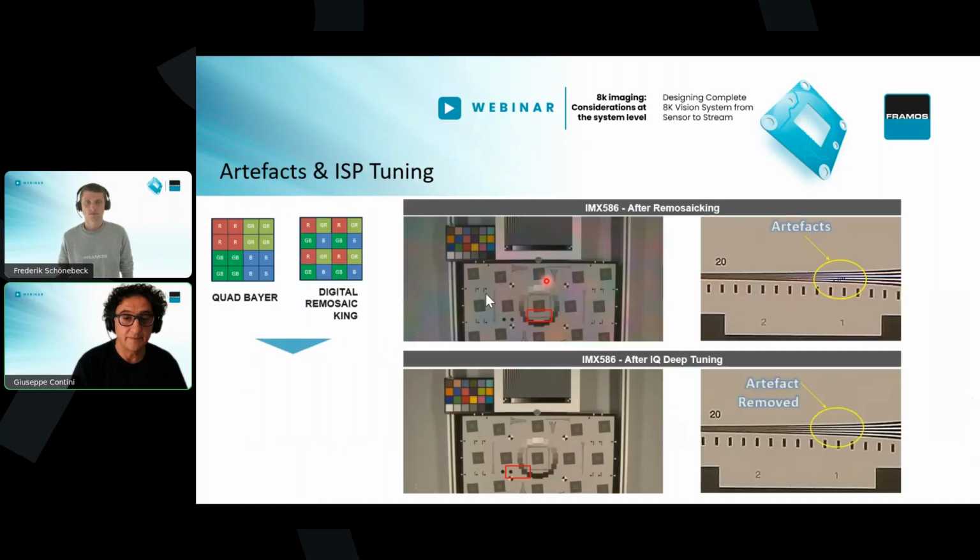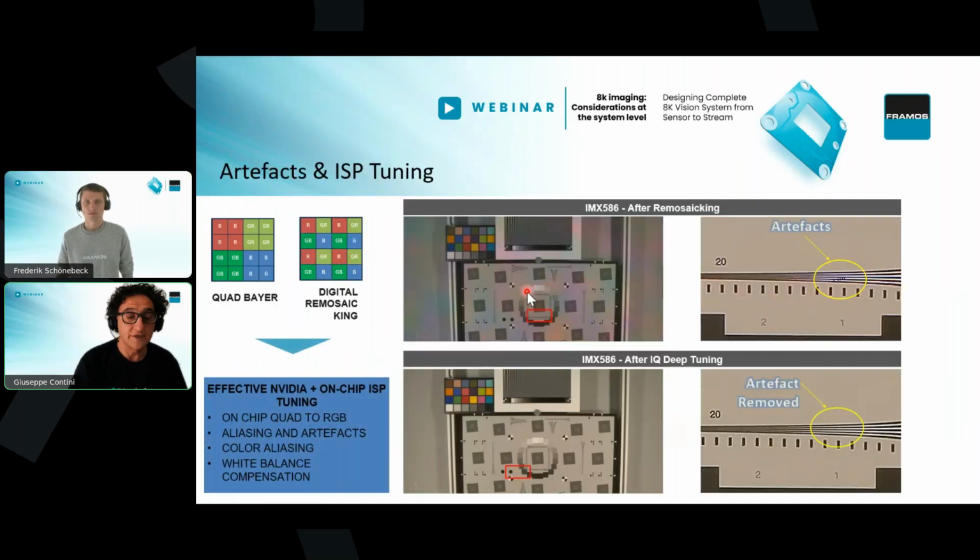Not only that, we also solved the topic of the tuning. You remember these pictures coming from the previous challenges. And now here, after deep tuning, you see the colors are fine, the red ghost is gone, and also you don't have the artifacts anymore.